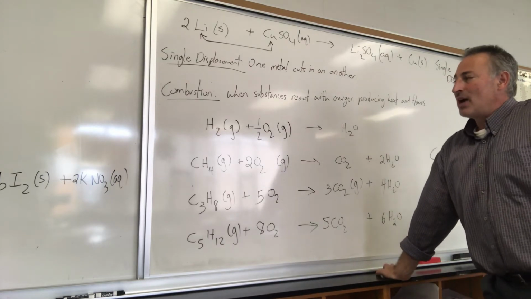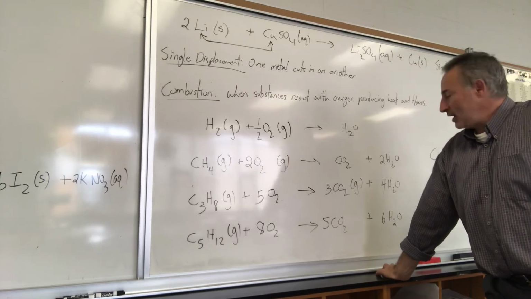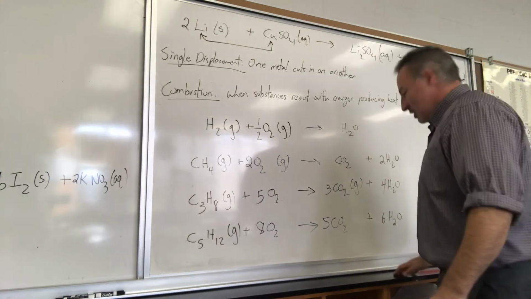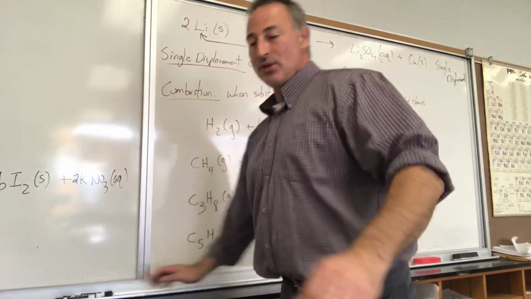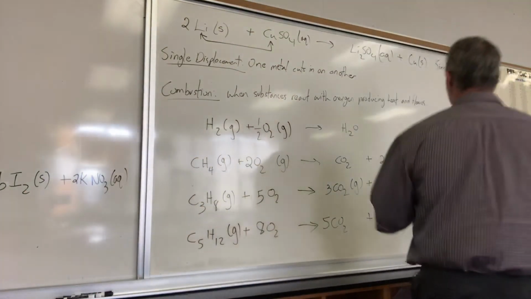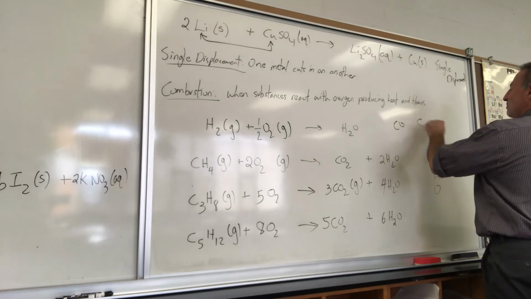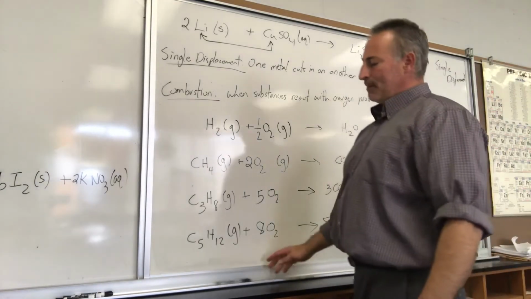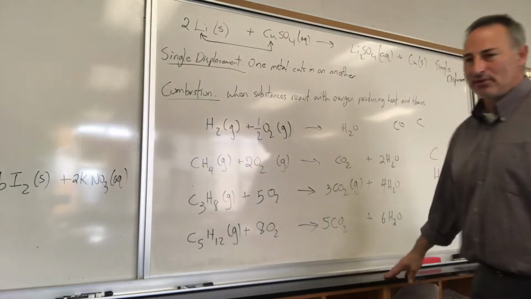So when you have incomplete combustion, you don't get only CO2. You might also get carbon monoxide, which is a carbon atom with 1 oxygen. Or you can sometimes even just get pure carbon, which is soot, the black smoke that you see coming out of the exhaust of a badly tuned bus engine.